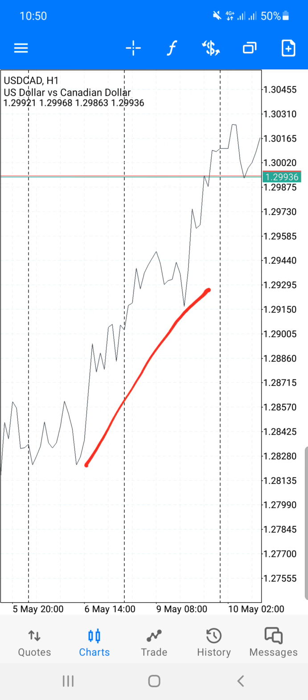So the main kinds of charts we're going to be making use of are candlestick chart and line chart. These are the main types. I'll explain them gradually.